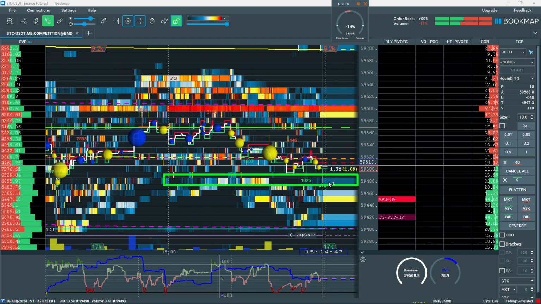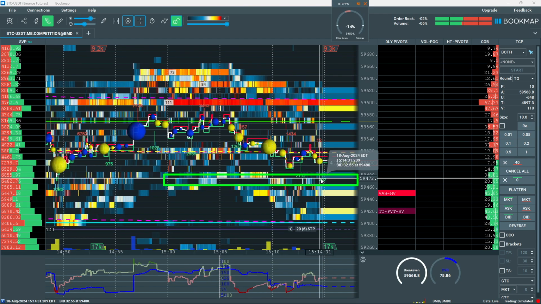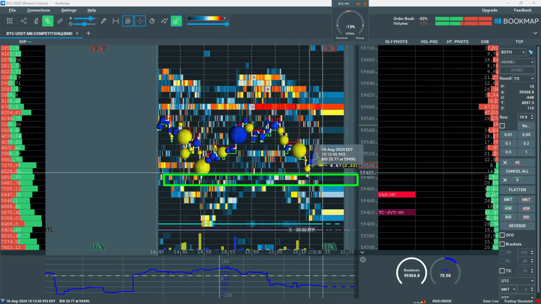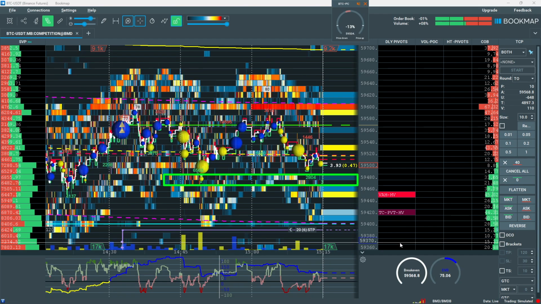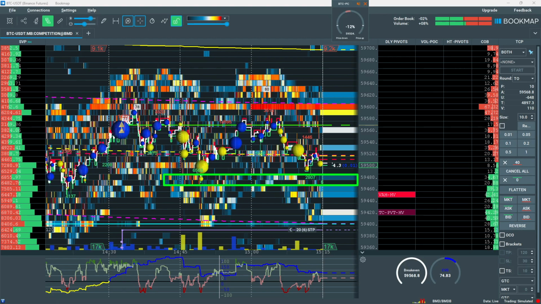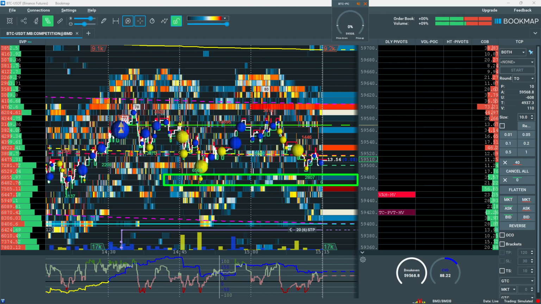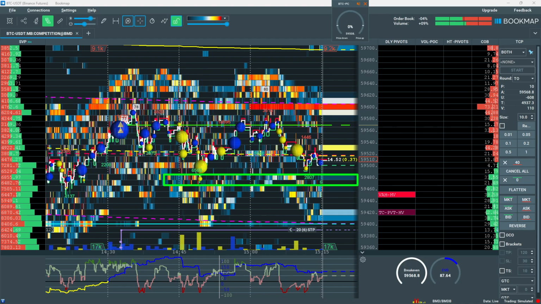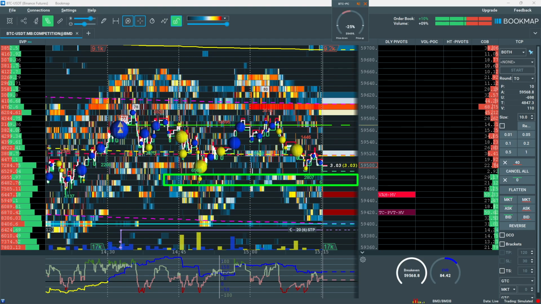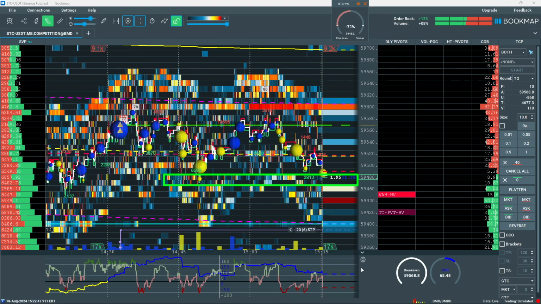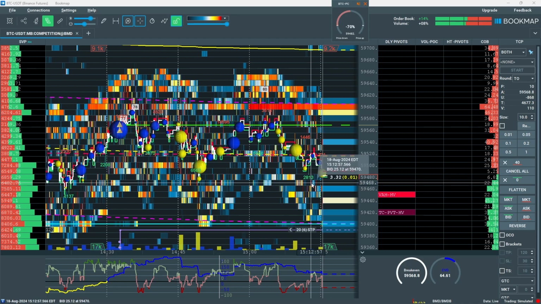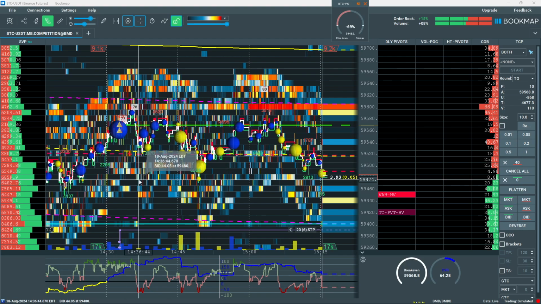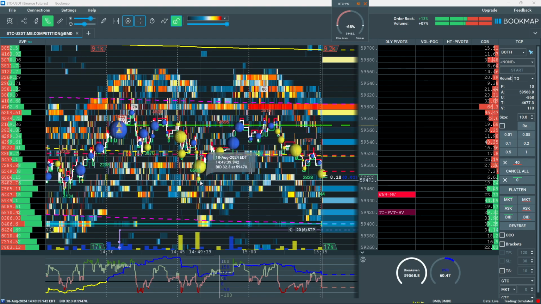Still clustering up, not really selling off yet. Now we're starting to see the sellers come into this 59,468 region, back to where this swing low was.